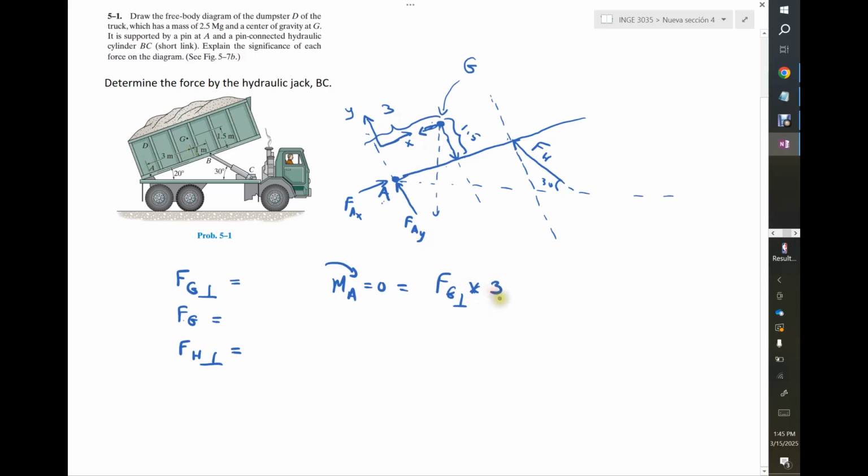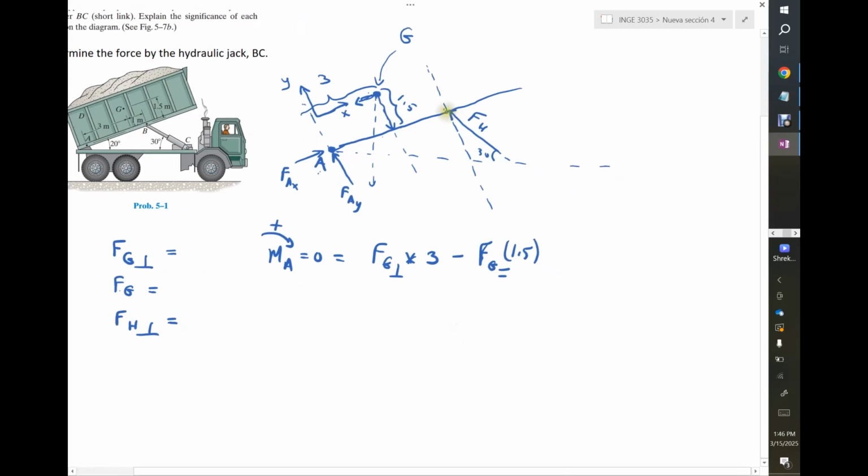Now we check the sign: that's going in favor of what I said, that this is going to be positive. So that's FG perpendicular times 3. Now let's talk about this guy here. I know that is going the other direction. In other words, FG parallel to this bar is going that way. That means I need to multiply by this distance of 1.5.